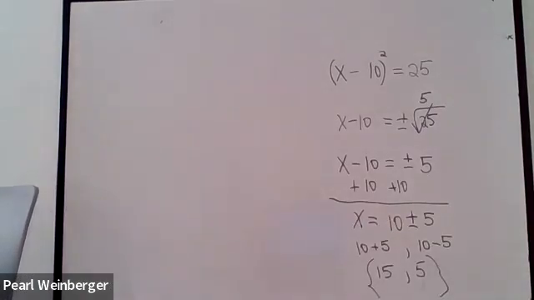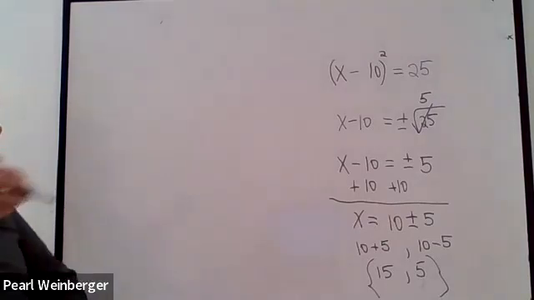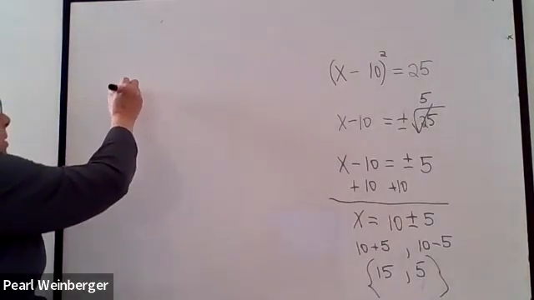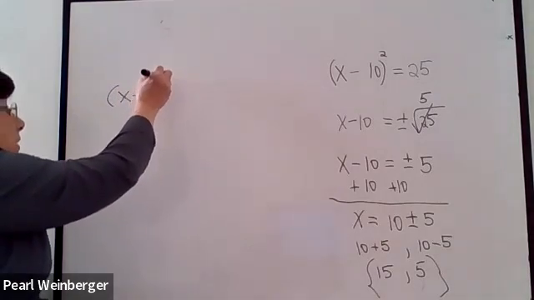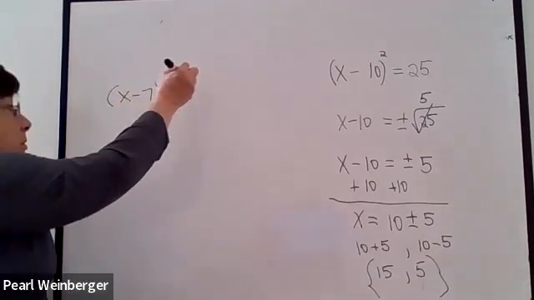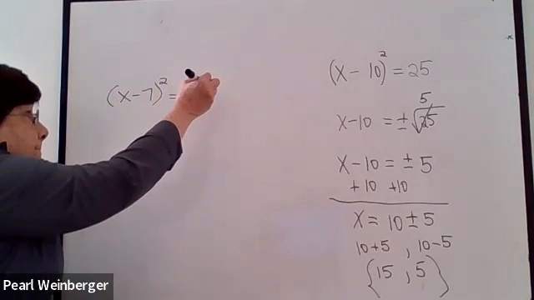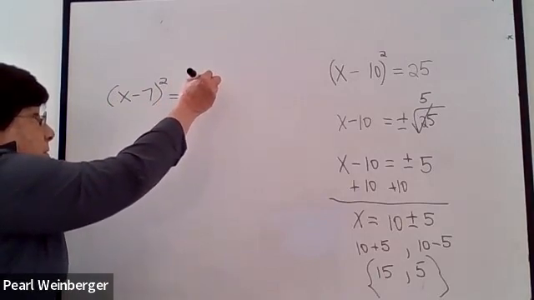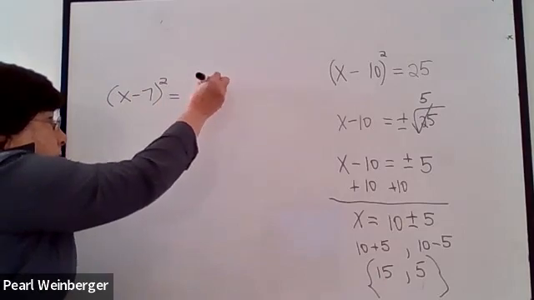Let's say I had x minus 7 squared equaling negative 81.